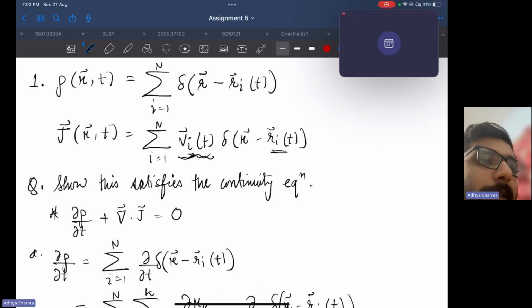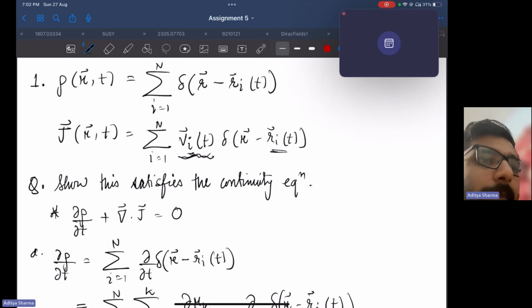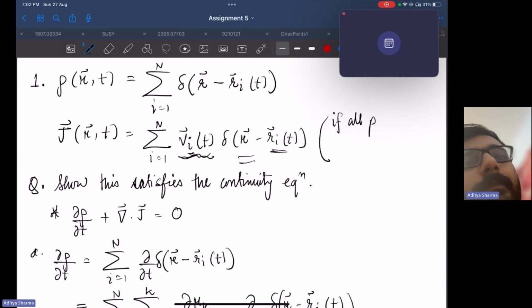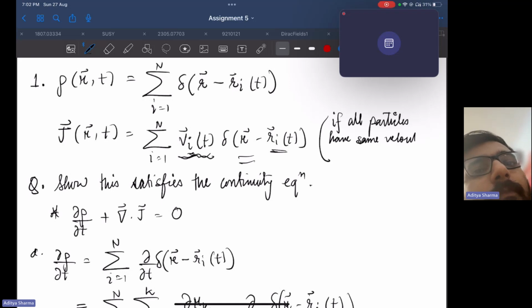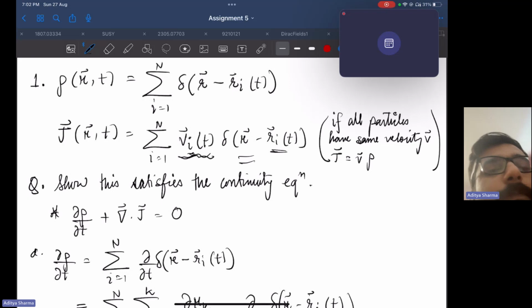V vector dot V vector times the summation 1 over n of this thing, which is nothing but rho. So J can be written as V vector times rho.